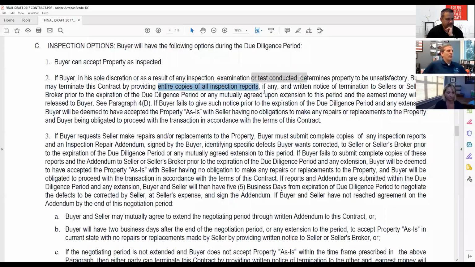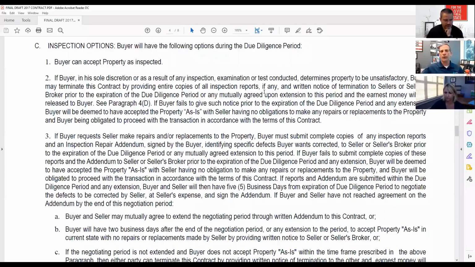Now, why did we give the buyer 10 days to change their mind and just say, I don't want to buy it? Because back prior to 2016, or 2006 rather, we were writing this contract, 2006, 2008. If a buyer didn't want to buy the property, they would wait till the week of closing, and then they would just come up with some convoluted reason they didn't want to buy the property, and it created all kind of chaos because the seller's closing would fall through then.